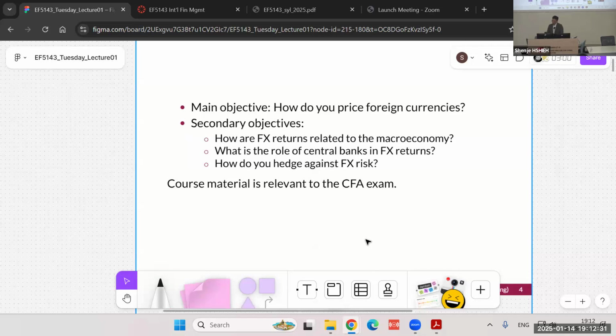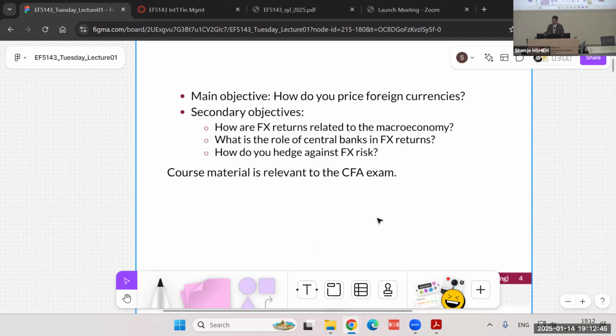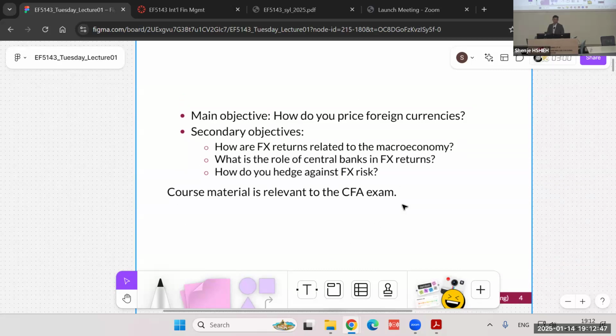Main objective: how to price foreign currencies. Secondary objective: linking to the macroeconomy. And the third objective is how to hedge, right? Financial derivatives and so forth. For those of you thinking about the CFA exam, if you haven't taken it already, most of my style of exposition in this course is related to the CFA exam.